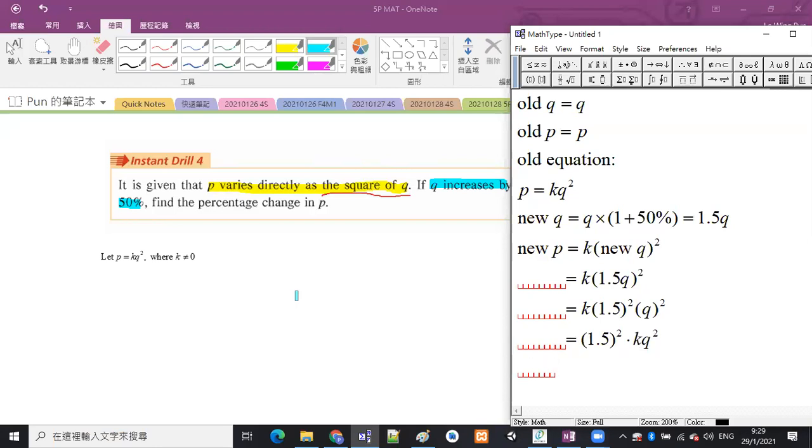Okay, first, the 1.5 square is a pure number. It can be calculated by using the calculator. It should be 2.25. Okay, but what is KQ square? The KQ square here is just equal to this KQ square and will be changed to P. So it is just equal to 2.25P.